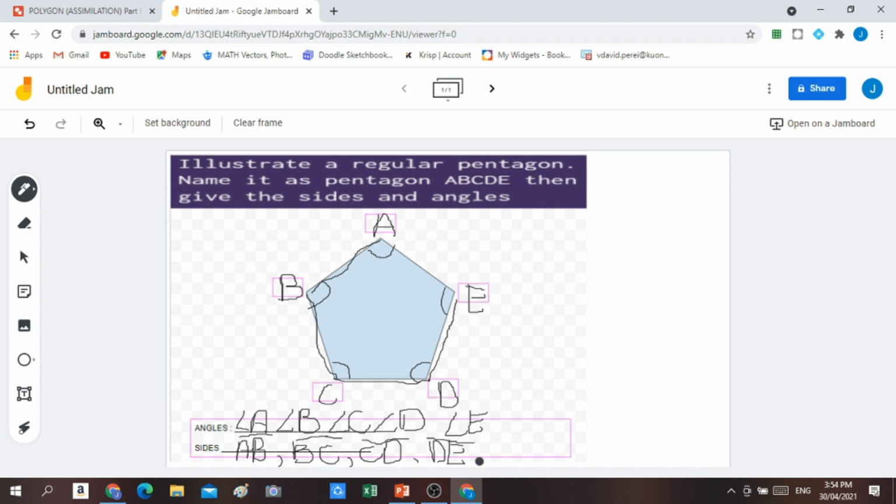And the last side is side EA. So we have 5 sides also: side AB, side BC, side CD, side DE, and side EA.